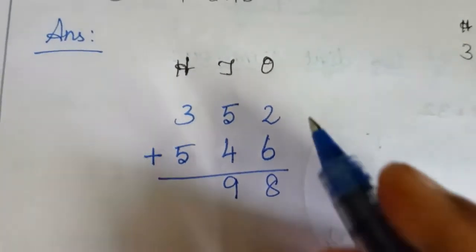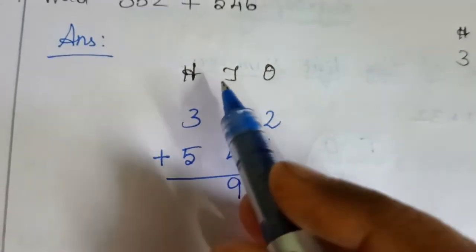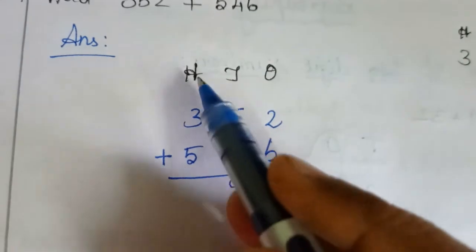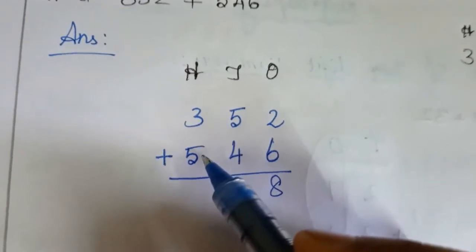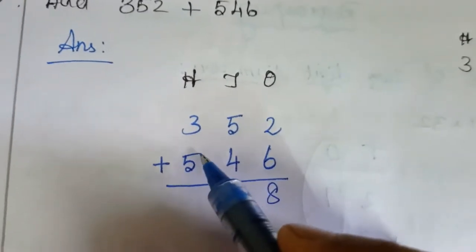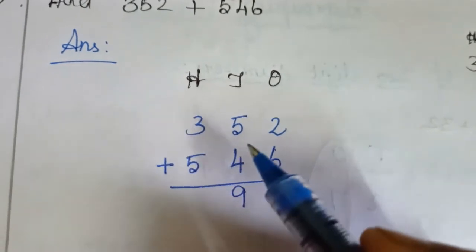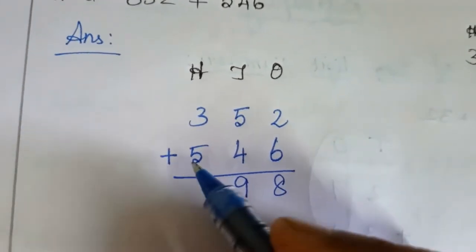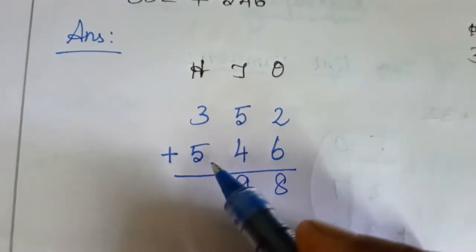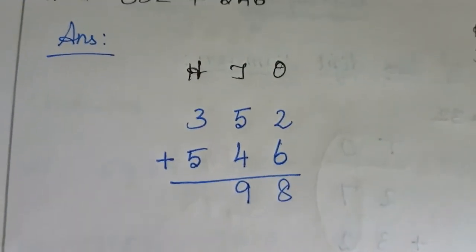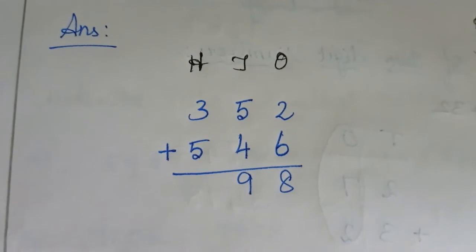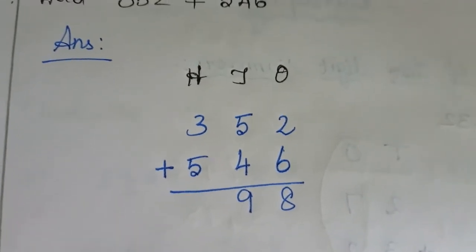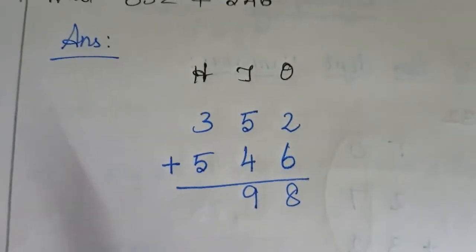Okay, next what do you want to do? Yes, you have to add the values in the 100 place. Okay, so here the 5 and 3 is there. So which number is bigger? 5 is bigger, so you have to keep 5 in mind. And which number you have to take in fingers? Yes, the smaller number, that is 3. Okay ma?